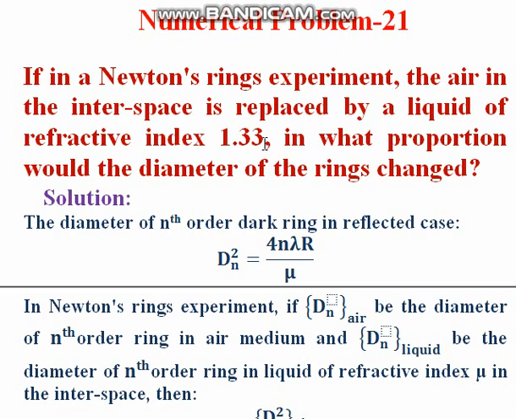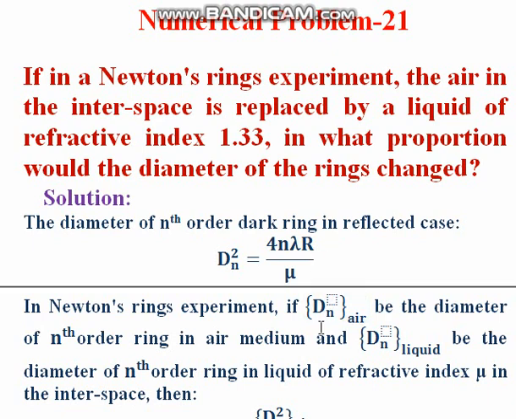Now the medium has an enhanced refractive index, which means the diameter of the rings will be reduced. So it is inversely proportional. Here it is not clear whether the ring is dark or bright, but the proportional ratio would be the same, so there is no harm in using the dark ring formula in the reflected case. That's why I am going to use the dark ring.